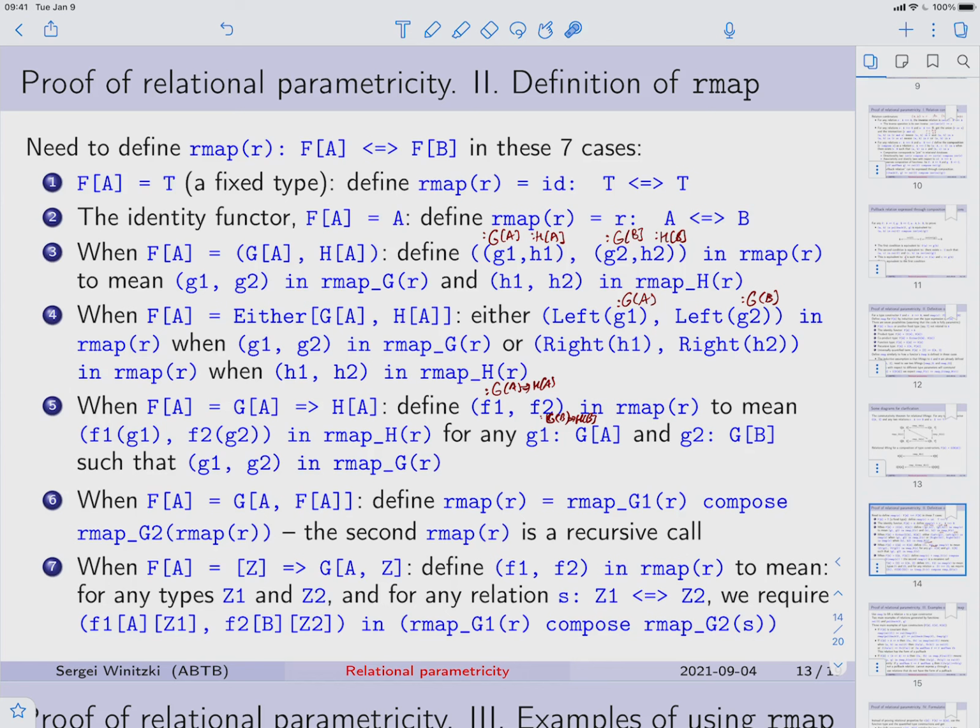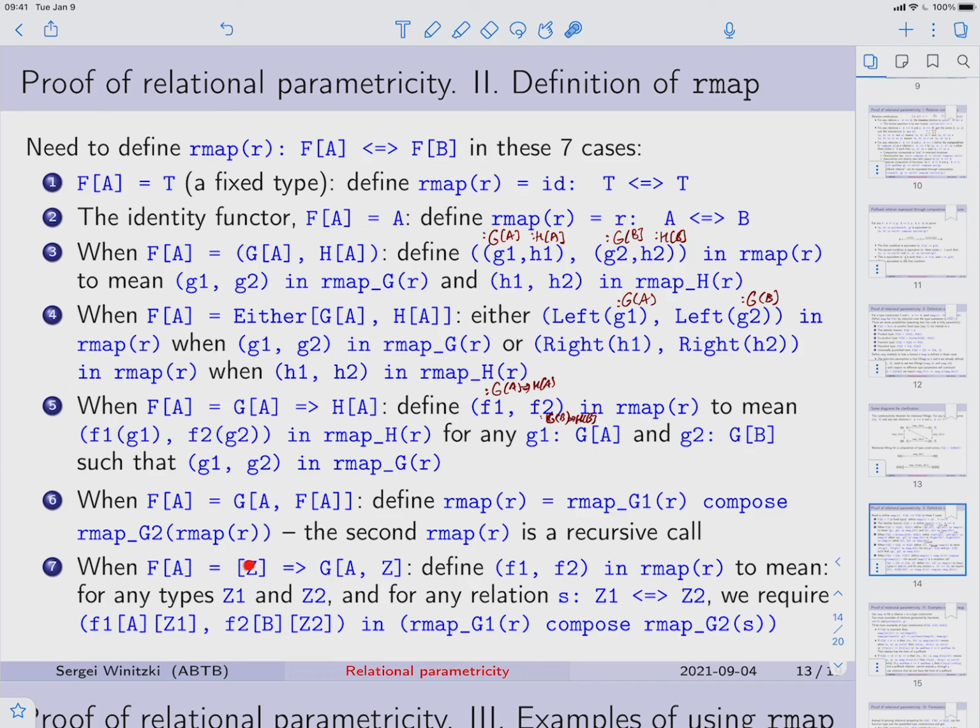And finally, for the universally quantified type, this is a much more interesting construction. I define it in the following way.